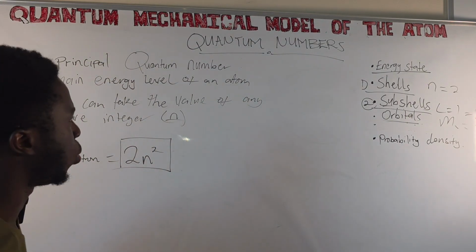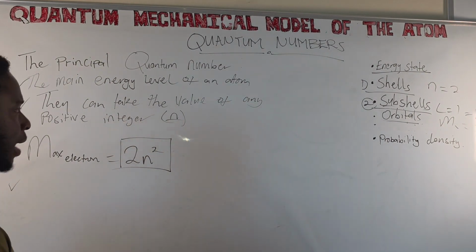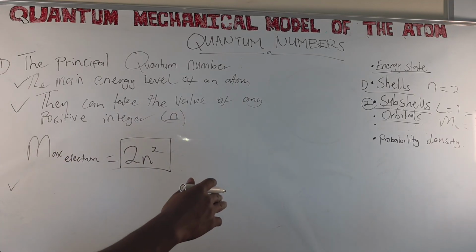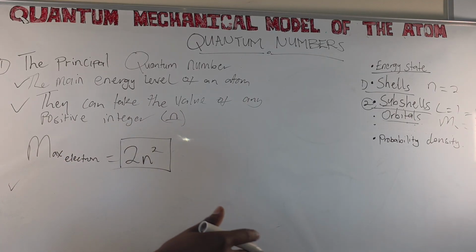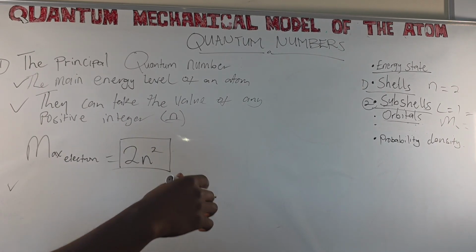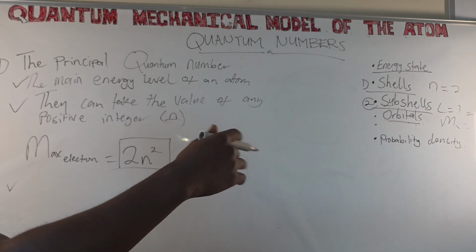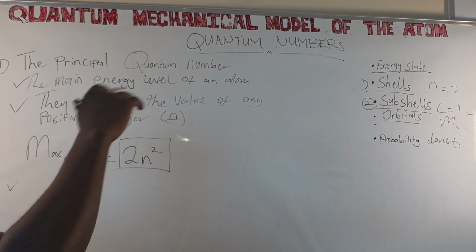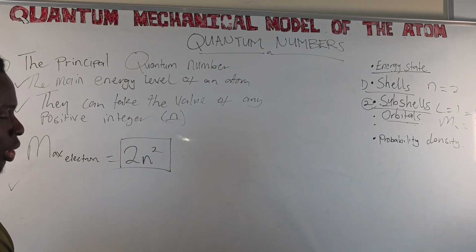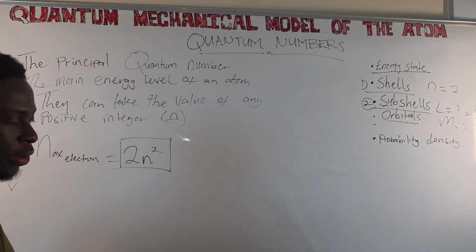Also, one thing you should note about the principal quantum numbers is that the further you move away from the nucleus of an atom, the lesser the energy would be.